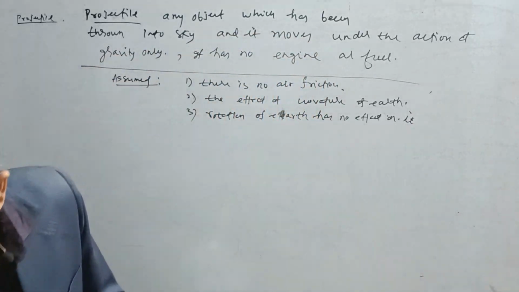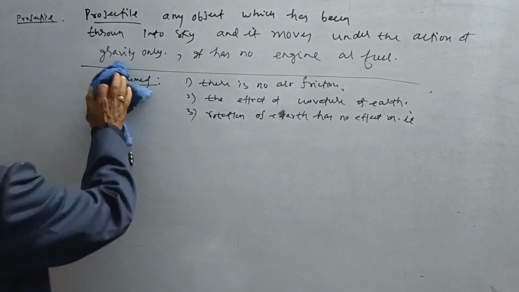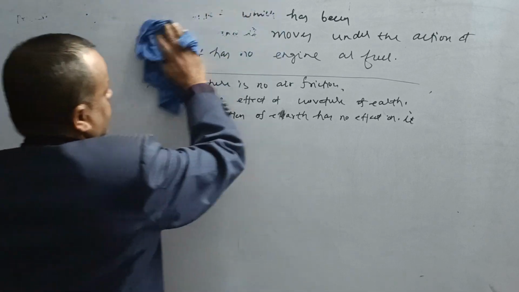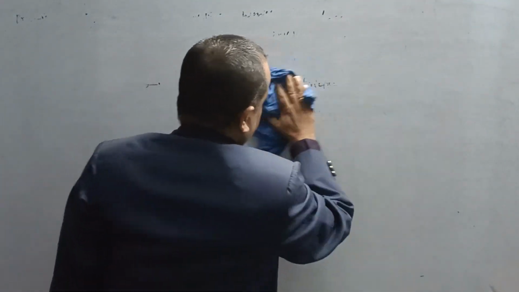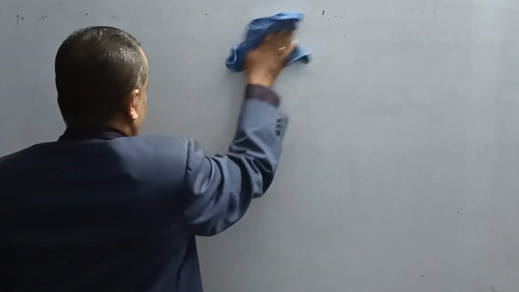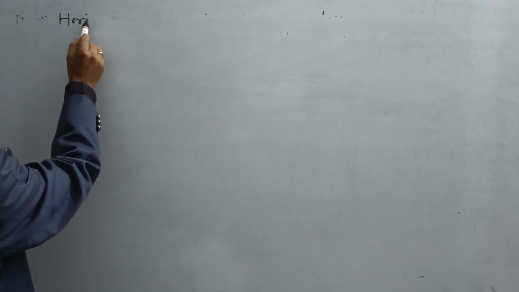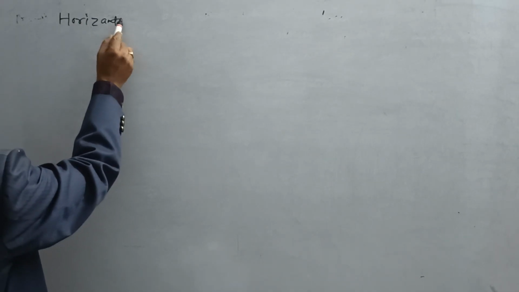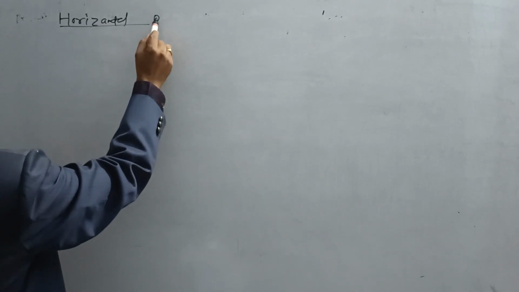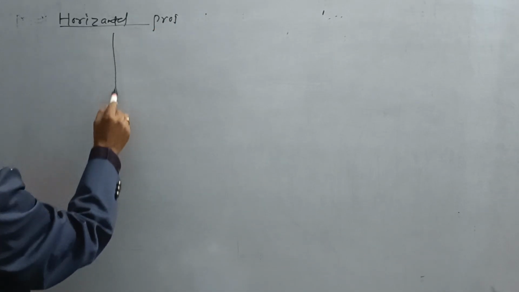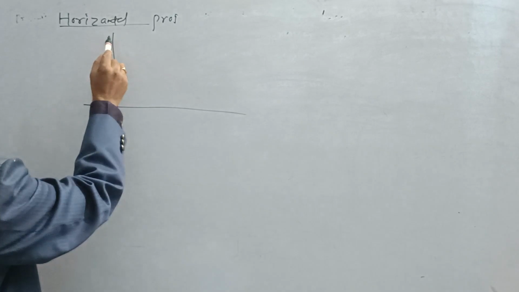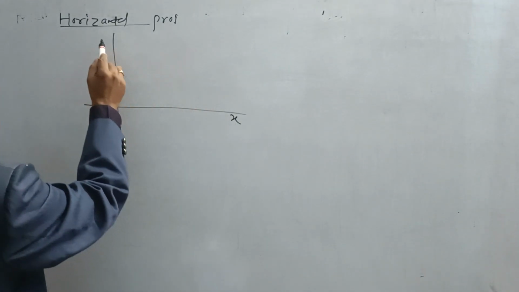We will do two types of projectile motion. First, that is horizontal projection. The body is thrown; this is the x-axis, this is the y-axis.